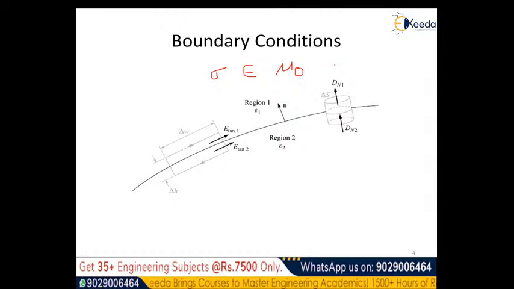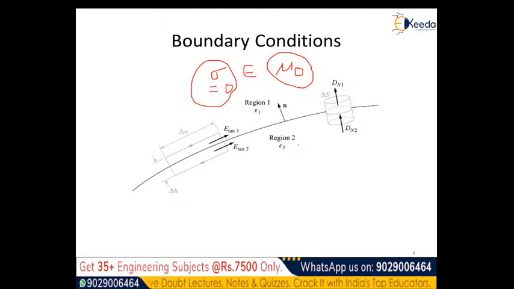Mu 0 is equal to 4 pi into 10 raised to the power minus 7 Henry per meter. Whereas, as both are perfect dielectrics, sigma will also be equal to 0, so conductivity is equal to 0. Then the permeability of the medium is equal to mu 0.